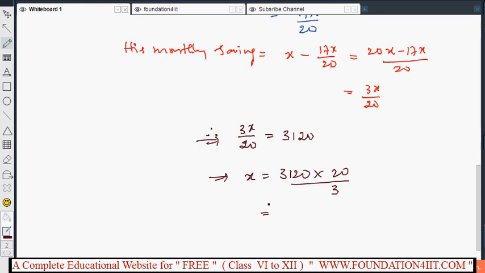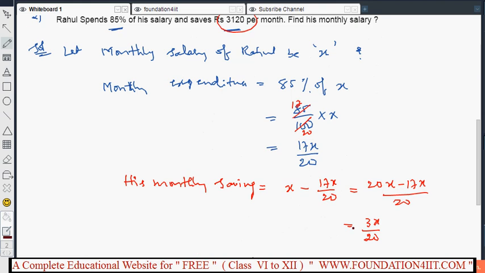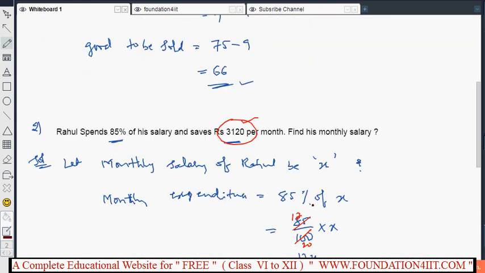Okay, so try to simplify this. 3 ones are 3, 0 4s 1040 into 20. Okay, 20,800 is x. So hence Rahul's monthly salary is rupees 20,800. So from the condition, first you have to find out the savings, then we need to find out the value.